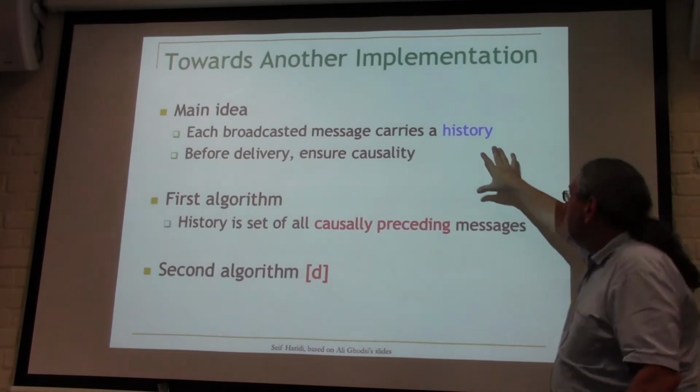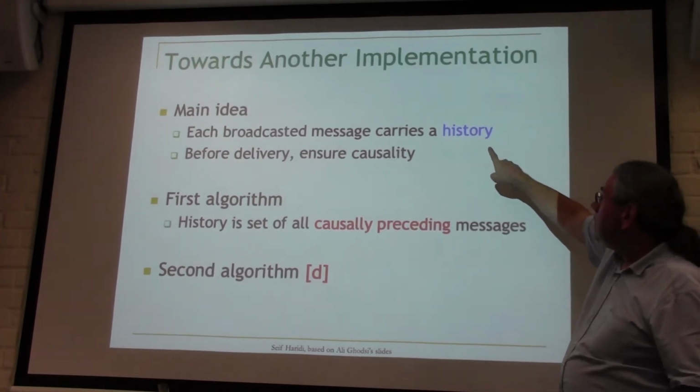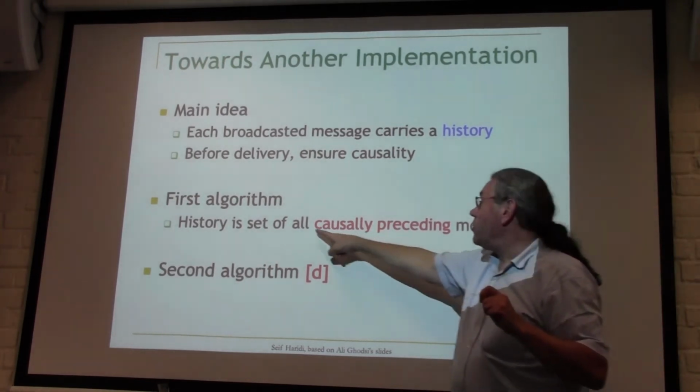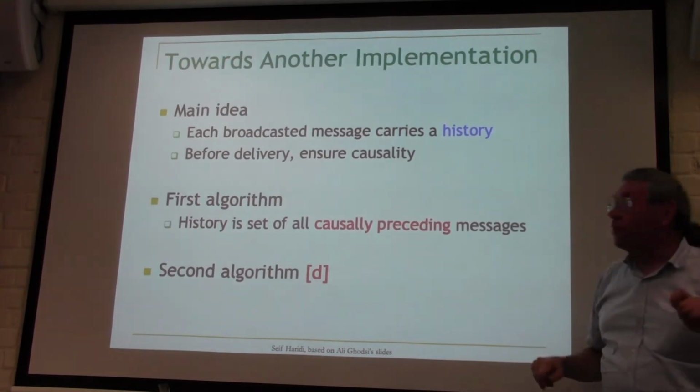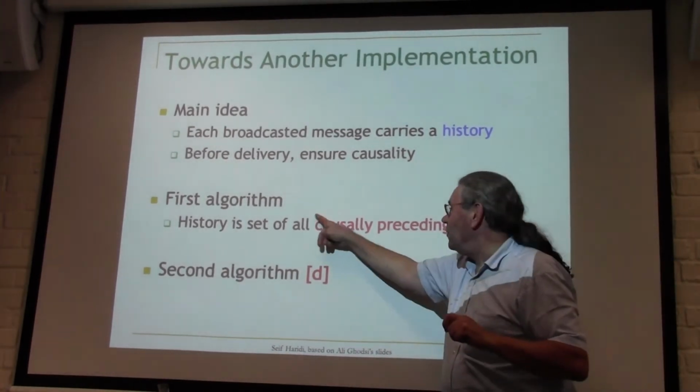Okay, so let's explain. In the first algorithm we did, each message has a history, all the past messages, all the causally preceding messages, okay? Now, can we get by with less, with something smaller than that?